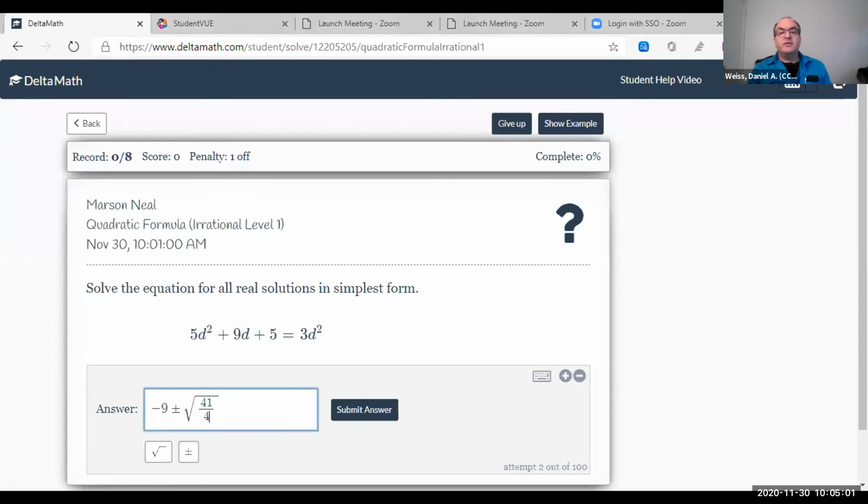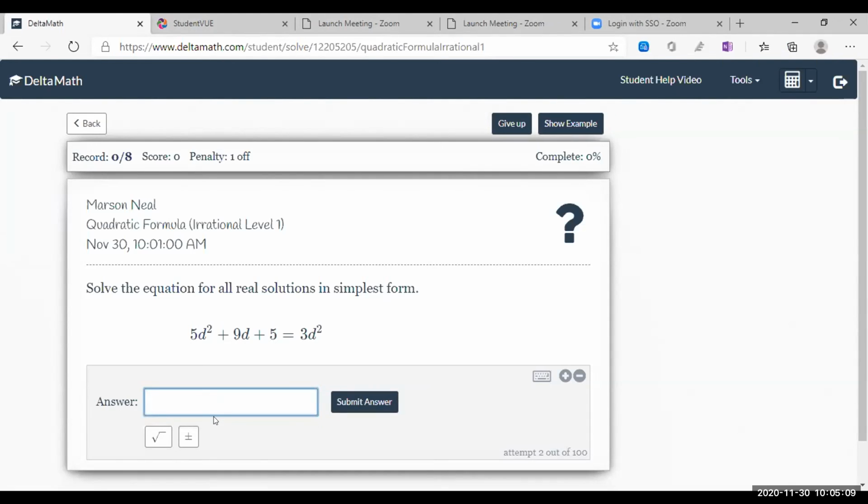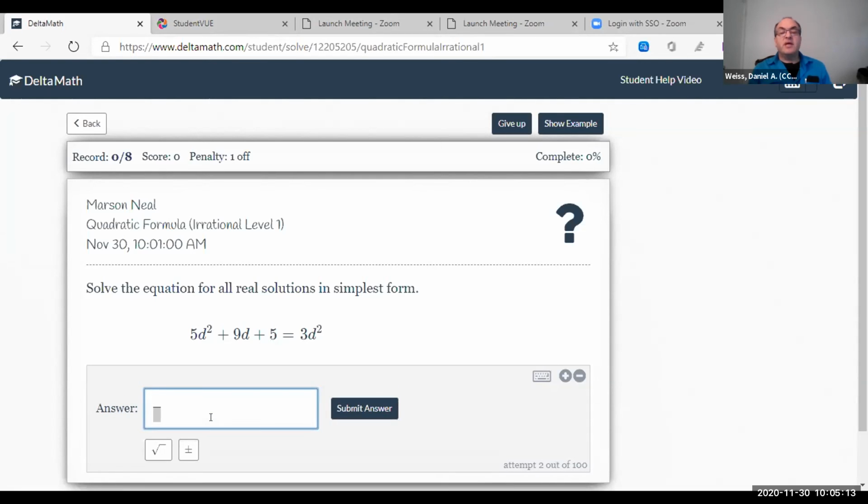Yeah, I got you. Okay. Here's the problem. Delete the whole thing. Okay. Now press the fraction key. Press the fraction key first. There you go. Now do -9. Click plus or minus. Click square root. I think it was 41. Yeah. And then over there, put the 4.